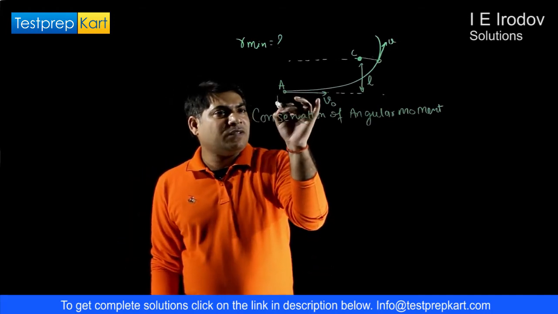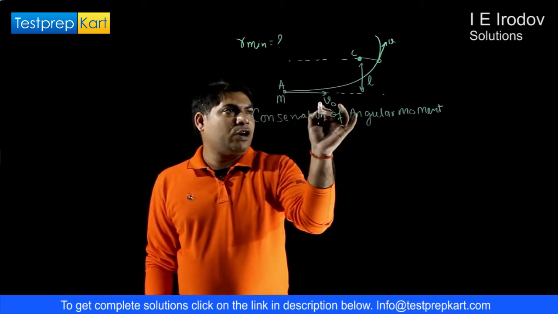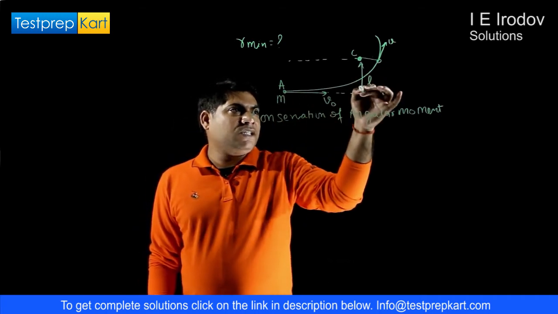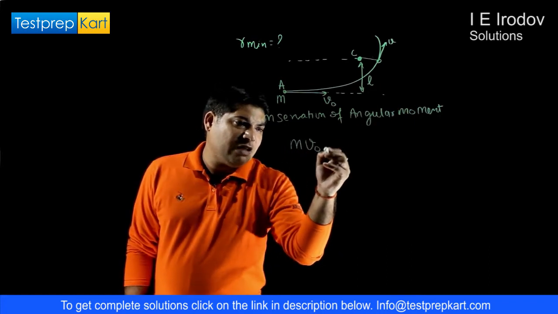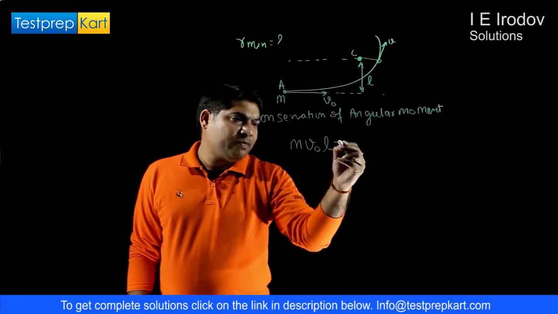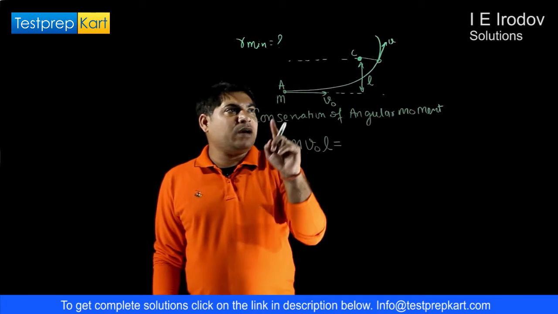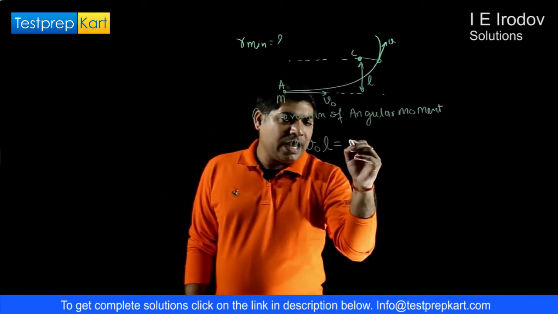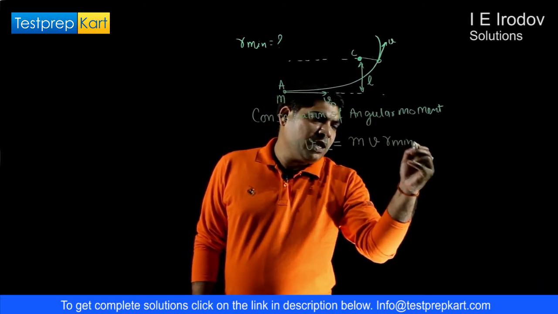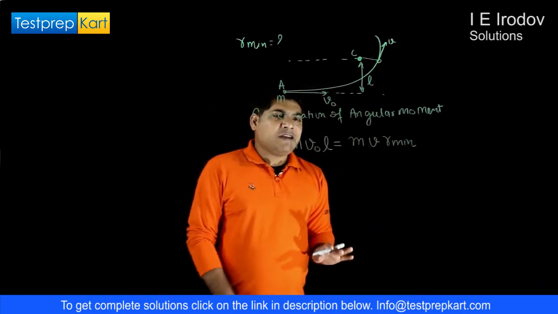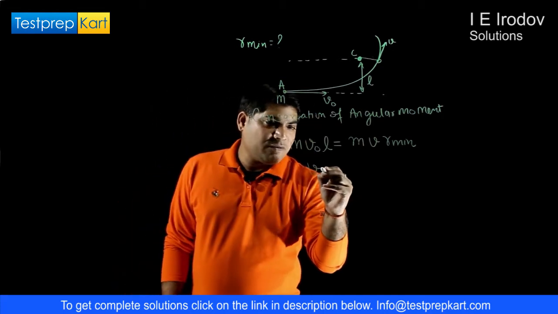So if the mass of this cosmic object is m, its initial momentum is mv naught and this approach distance is L, so its initial angular momentum will be mv naught into L. Okay. And at this point when distance is r minimum and velocity is v, then angular momentum will be mv r minimum. Okay. So we can find out velocity at this general point in terms of r minimum.